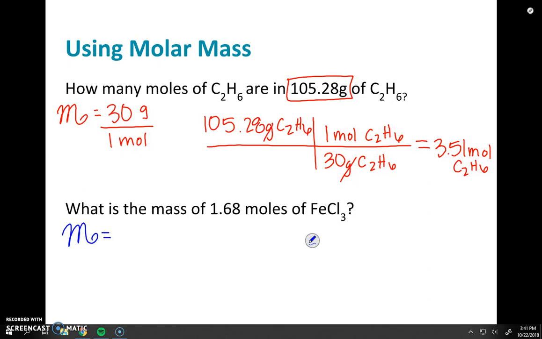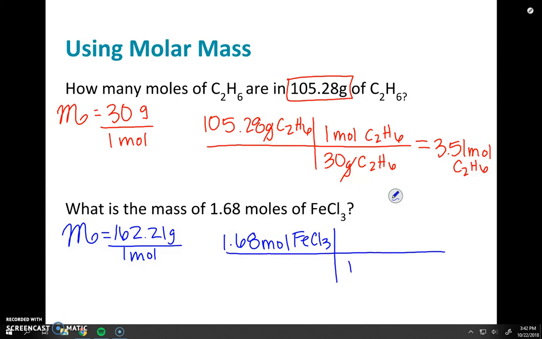The molar mass of iron 3 chloride is going to be 55.85 plus 3 times 35.453. So we get 162.21 grams in 1 mole. And now I'm ready to figure out the mass. So I'll start with my 1.68 mole of iron 3 chloride.